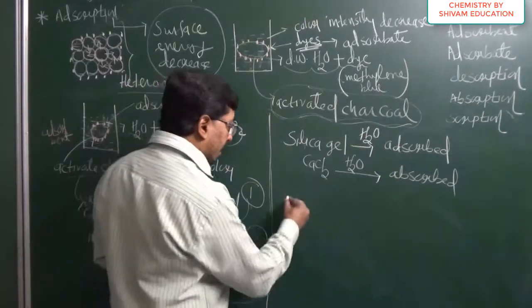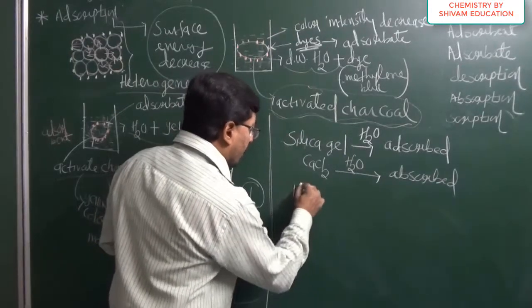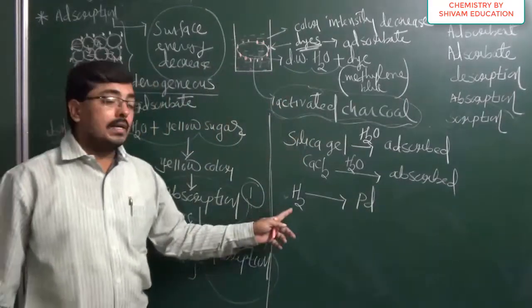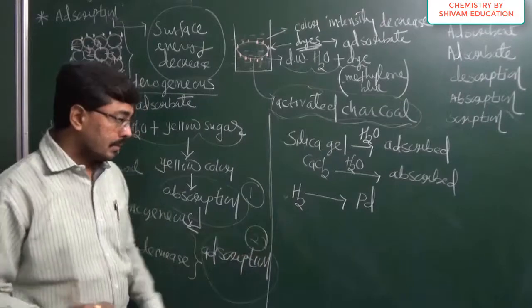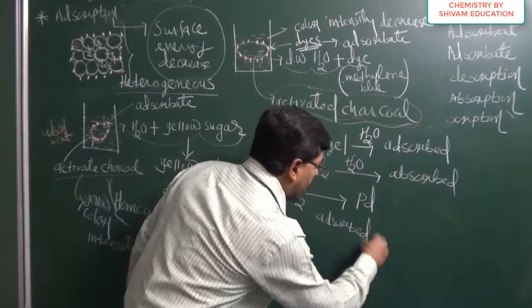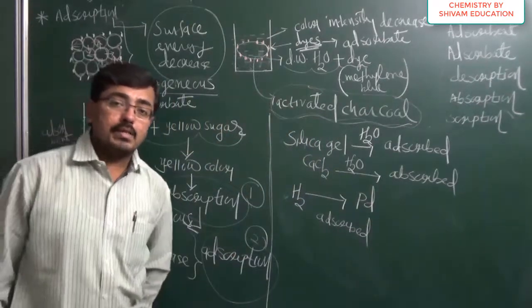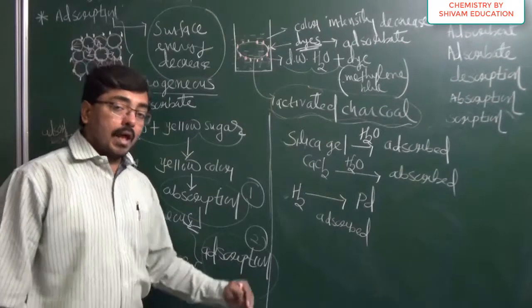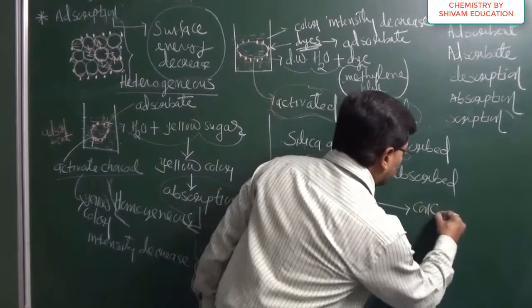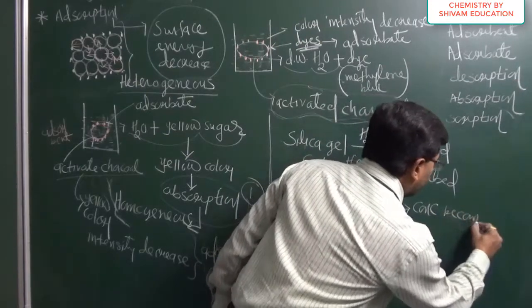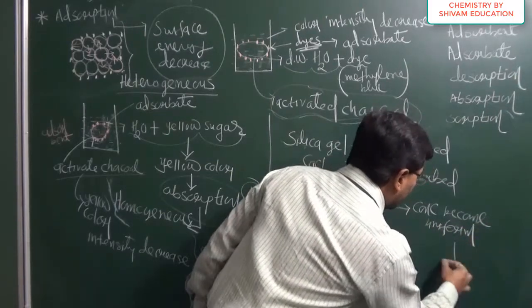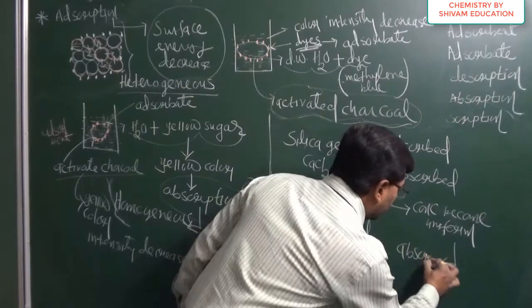But suppose I give you another example. Now when we add hydrogen gas, initially we have taken palladium metal, then on the surface of palladium metal, hydrogen gas will first slowly adsorb. Its concentration will be maximum only on the surface, but after some time the concentration slowly becomes uniform, and thereafter it will be absorbed.